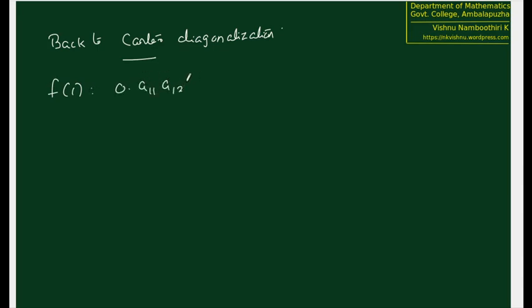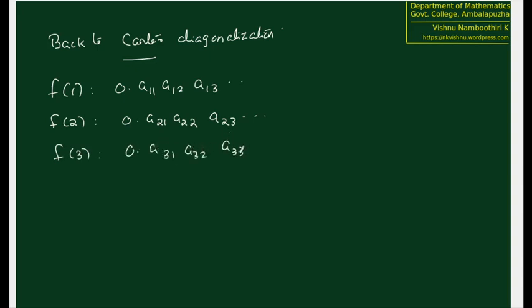Now we are going to revisit Cantor's diagonalization method. There we took f of 1 as 0.a11, a12, a13 etc., f2 as 0.a21, a22, a23 etc., and f3 as 0.a31, a32, a33 etc. and we chose 0.y1, y2, y3 etc. in the open interval 0, 1.